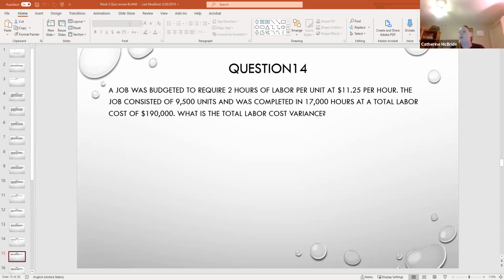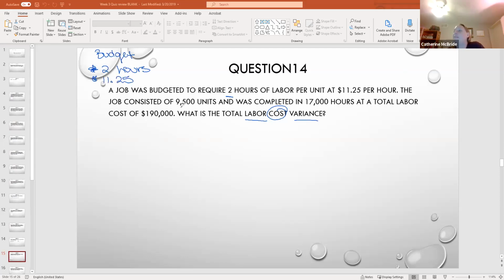Okay, so we want to know the total labor cost variance. A job was budgeted to require 2 hours of labor at $11.25 per hour.